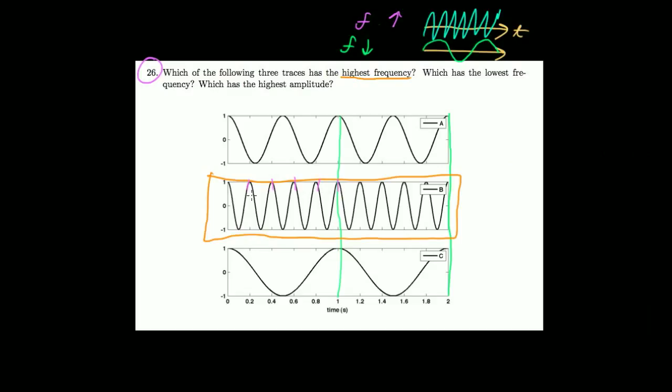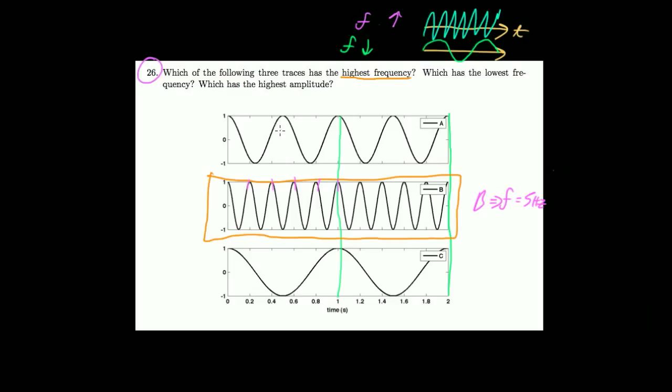So this signal repeats 5 times in every given second. Another way of saying that is this B signal has a frequency of 5 hertz, because that signal repeats 5 times a second.